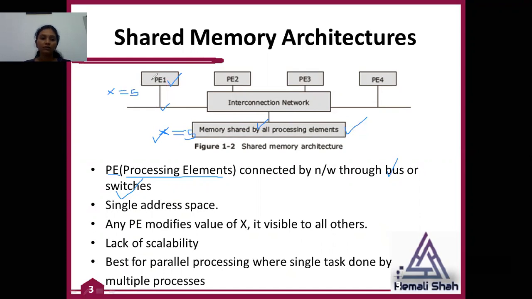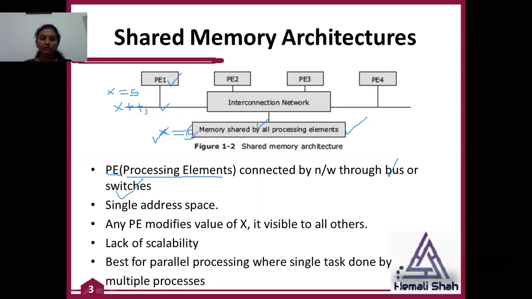And if this processing element wants to update the value of x, then it updates it. For example, here is an instruction that updates the value of x, and this instruction is available on processing element 1.